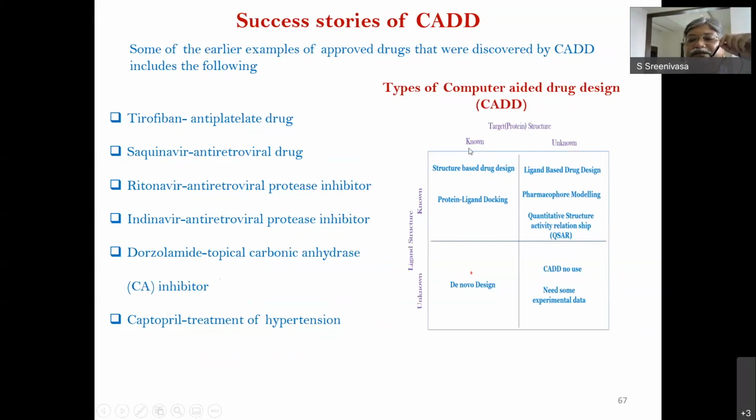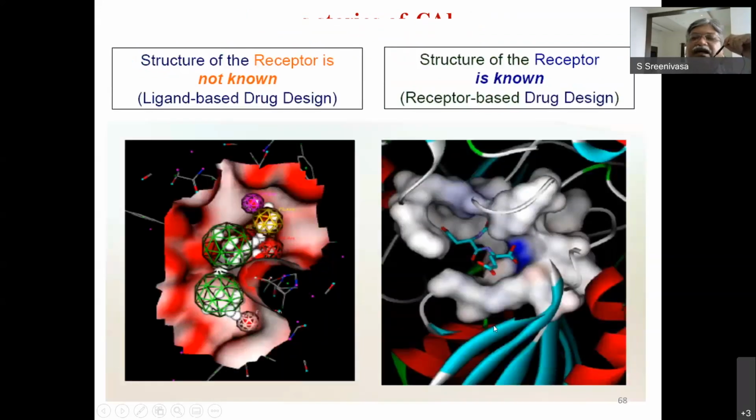If you know the structure of the protein and the ligand structure is not known, then it is called de novo designing. If both are unknown, then this computer-aided drug designing is of no use. Then the traditional methodology has to be adopted. See, this is the drug molecule. Here I don't know the receptor, so it is not binding to the receptor.